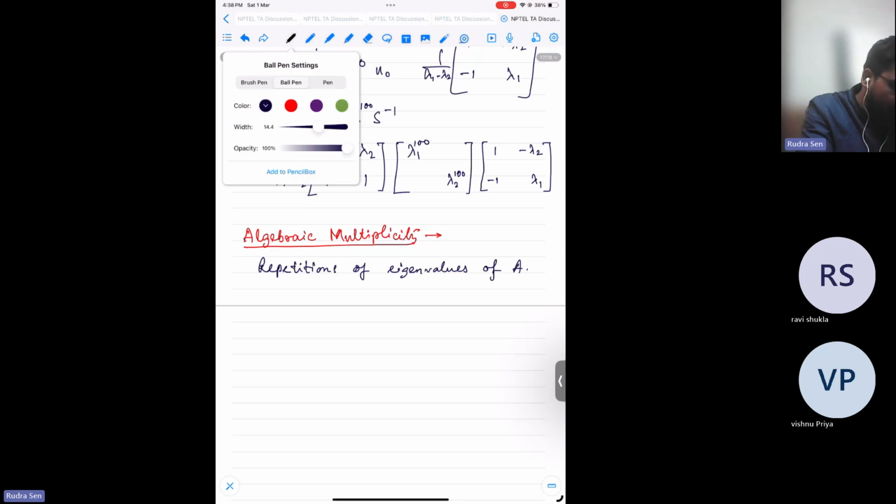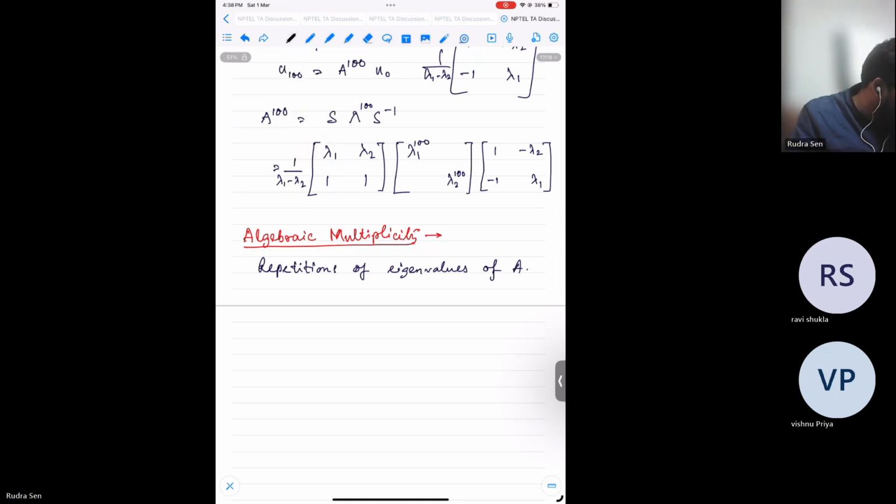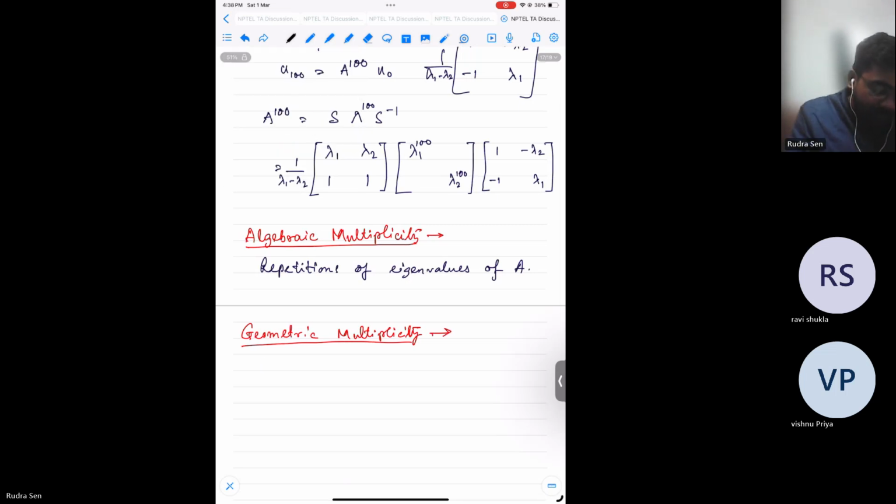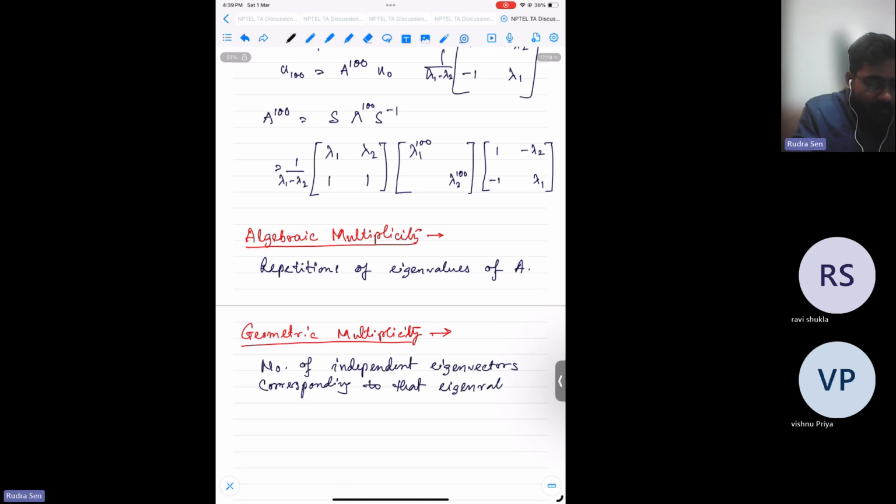Okay, and the geometric multiplicity is basically the number of independent eigenvectors corresponding to that eigenvalue.